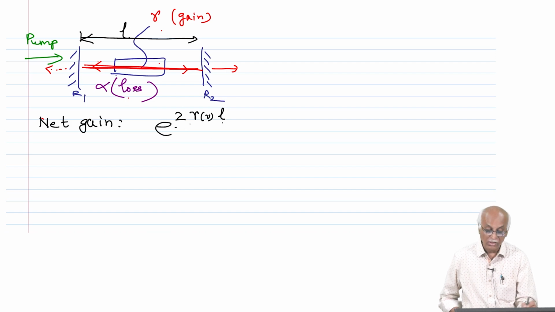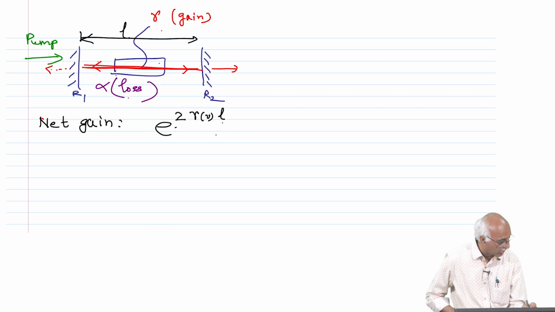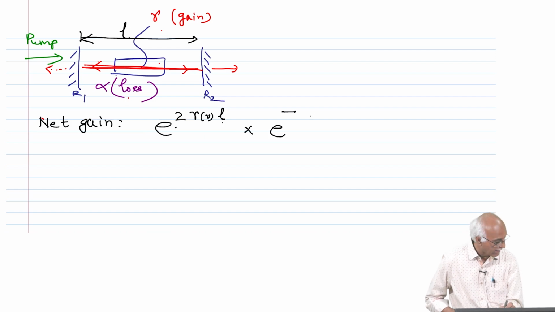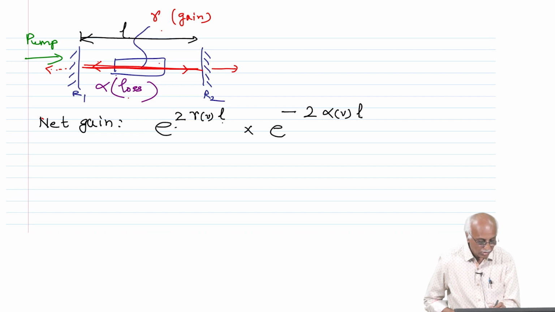So, this is the net gain, into exponent of minus 2 alpha nu L.